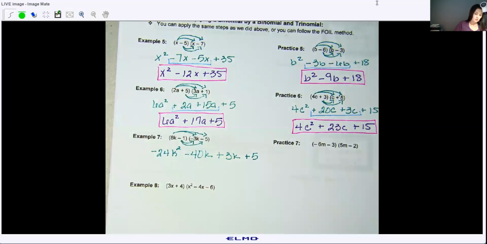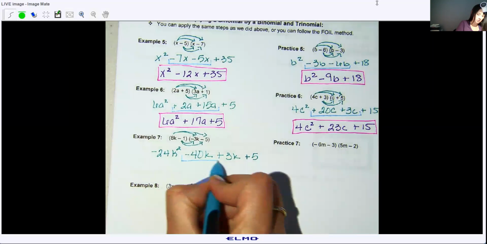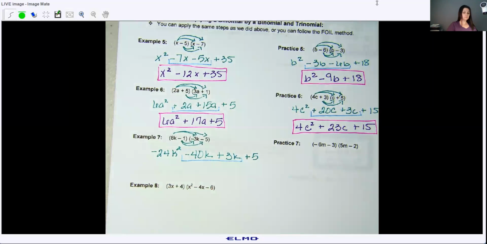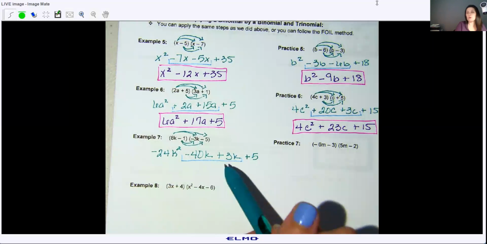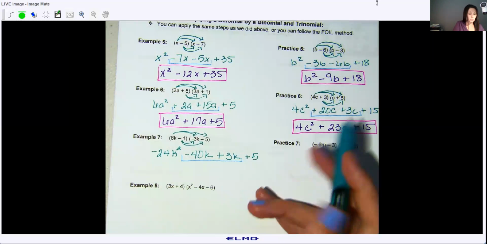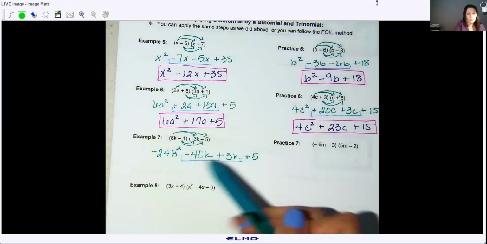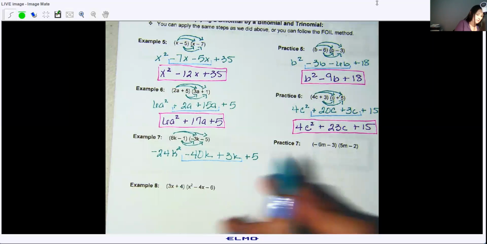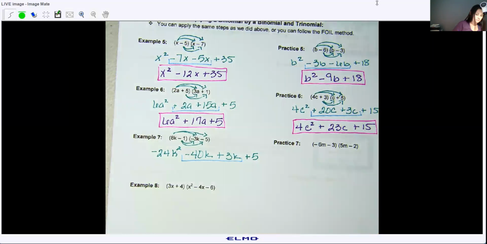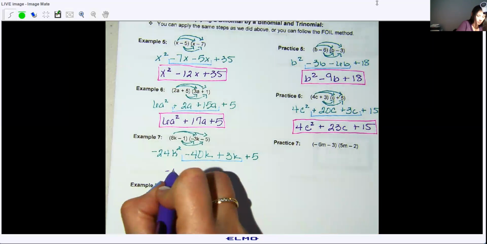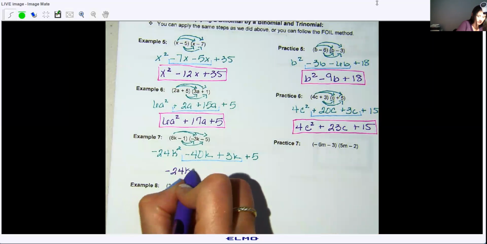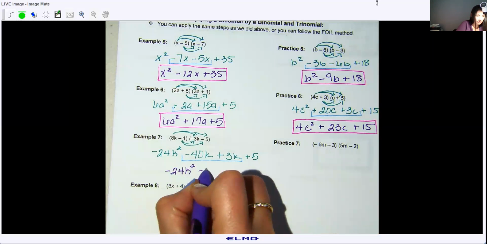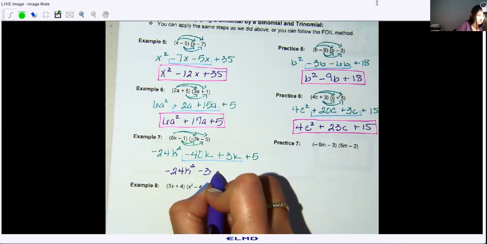Okay. So when we add these two, we have to be careful that we're adding a negative 40 plus 3, which is really subtracting. And since 40 is a larger absolute value number, then our answer is going to be negative. So we end up with negative 24k squared minus 37k plus 5.